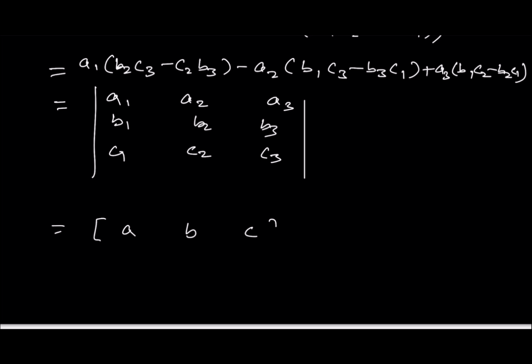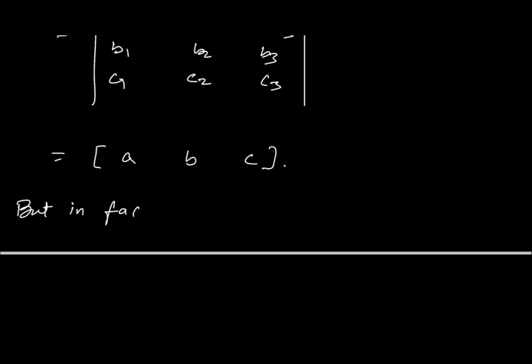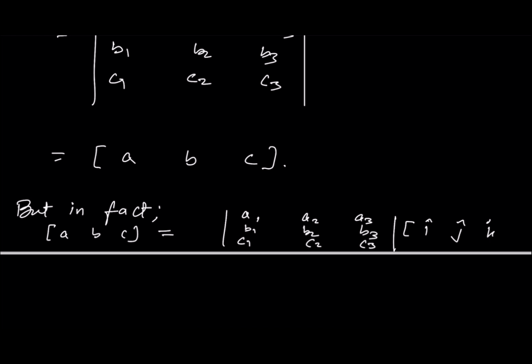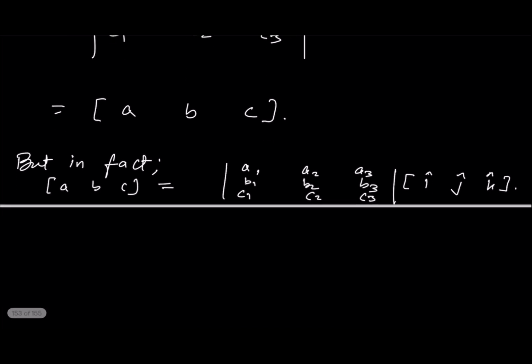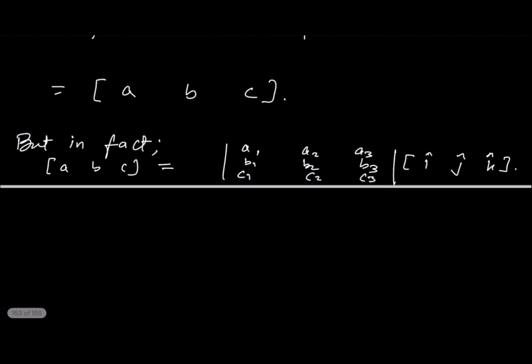So box ABC is the determinant of A1 A2 A3, B1 B2 B3, C1 C2 C3. In fact, this box ABC is the determinant times box I, J, K, because box I, J, K is 1. Why have I written this? Let us understand by point 7.